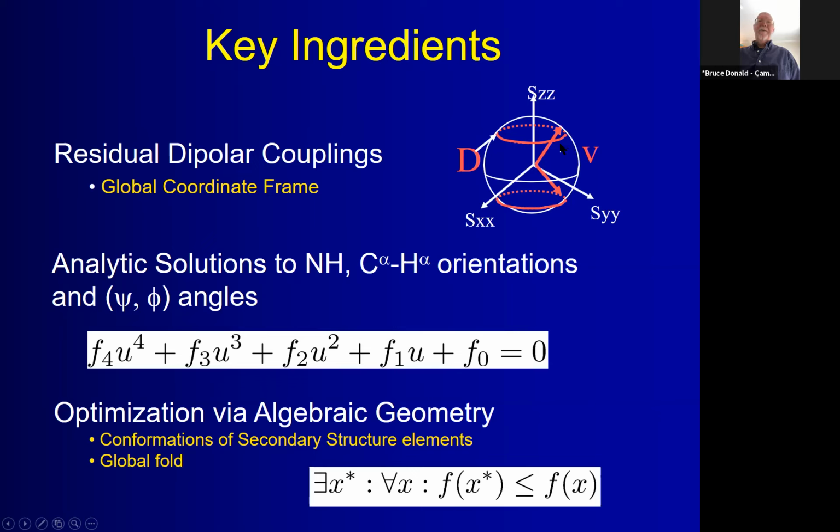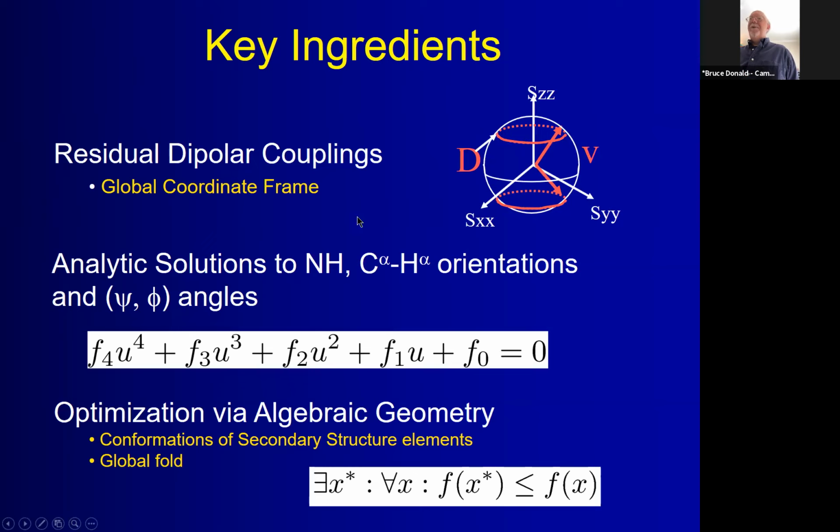So the data from one RDC measurement on one bond vector, when you know the alignment tensor, means that bond vector is lying somewhere on this curve or this curve, you don't know which one. And these aren't always circles. They're sometimes called Pringles after the potato chip. They have a funny shape.